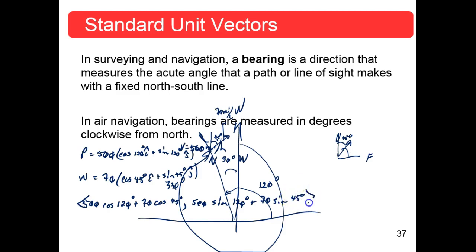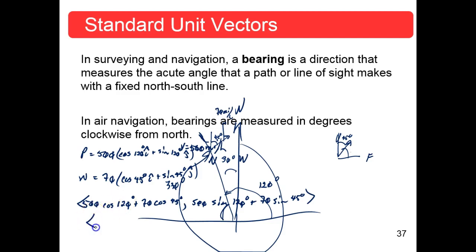Okay. Now, you can almost do this without a calculator, though it'll help to use one. Because 120, that's in the second quadrant, you would use its reference angle of 60, and the cosine of 60 would be 1/2, but that's a negative 1/2 because the cosine is negative.